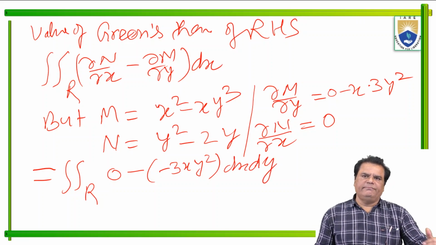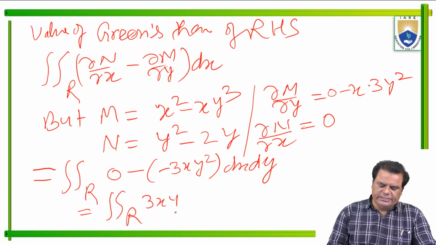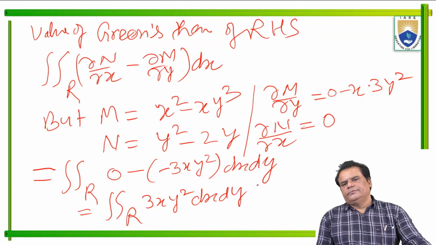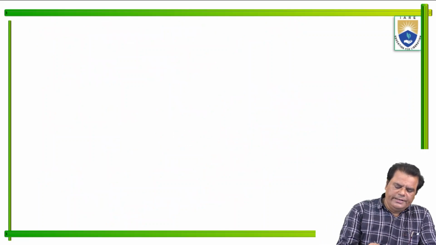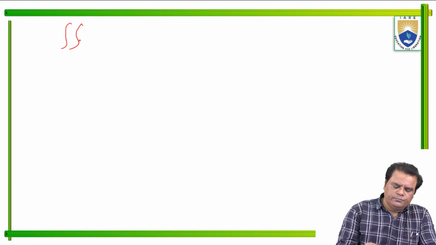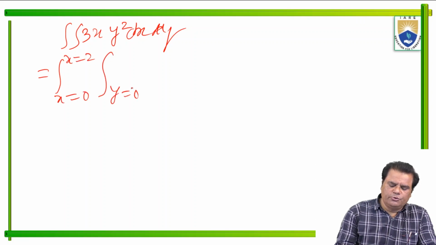Left hand side, we have to find out the value. So the double integration over region R of 3xy square dx dy. Now the limits: x equal to 0 to x equal to 2, and y equal to 0 to y equal to 2.